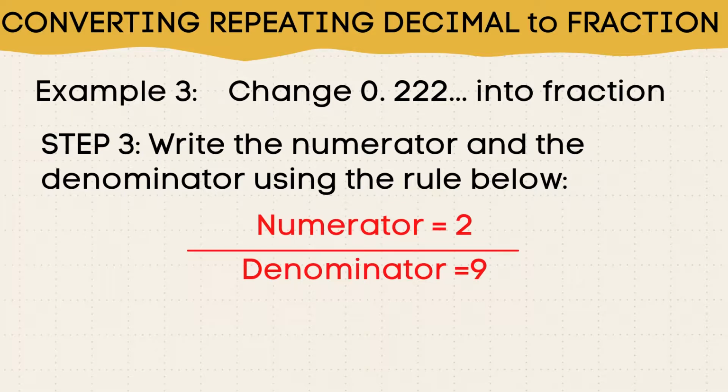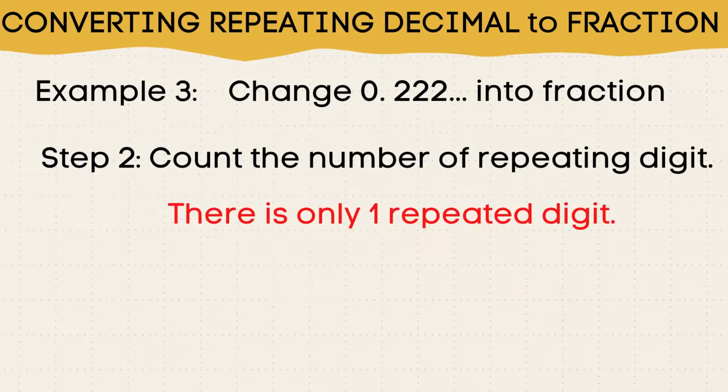And for the denominator, how many digits are repeated? Okay, so we have only one repeated digit. So the number of repeated digits corresponds to the number of 9s that we are going to write in the denominator.